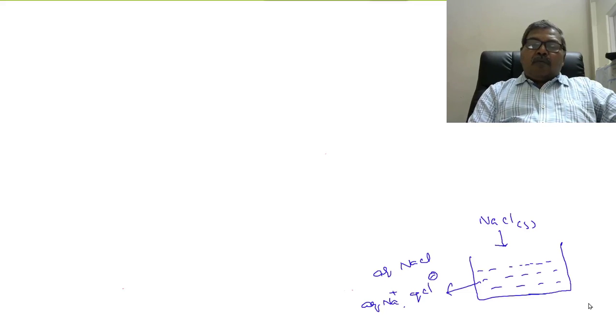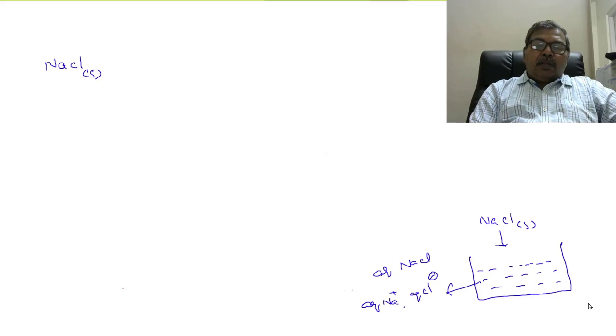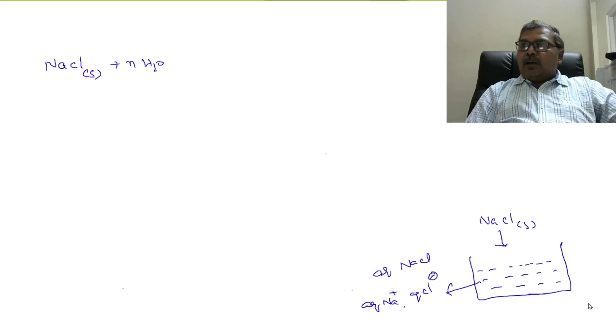Now, the overall solubility of sodium chloride in water can be represented as NaCl solid plus n water, because water is taken in large quantity, so that is why you can put n moles of water.